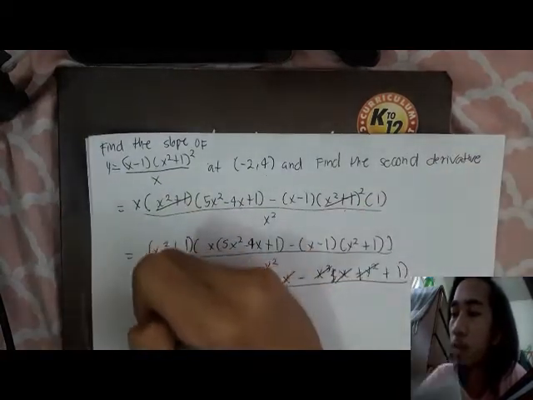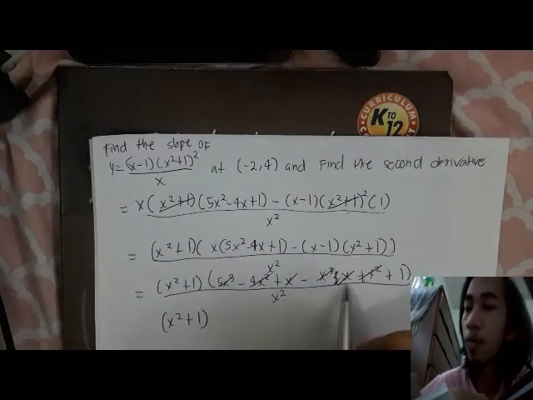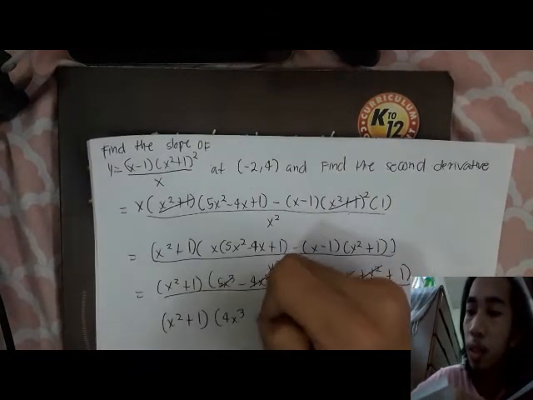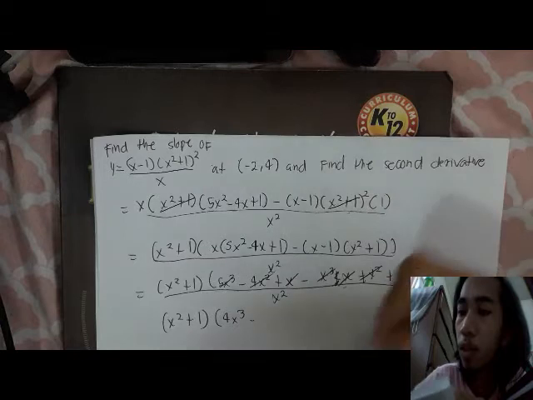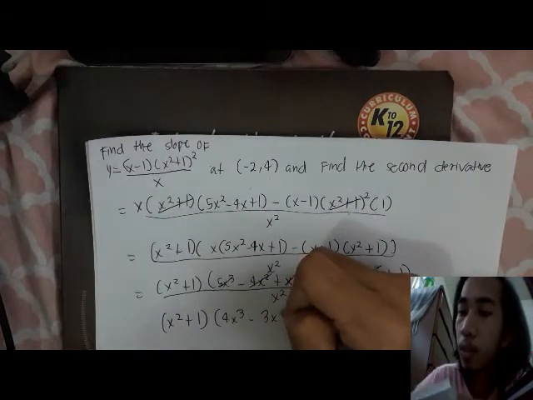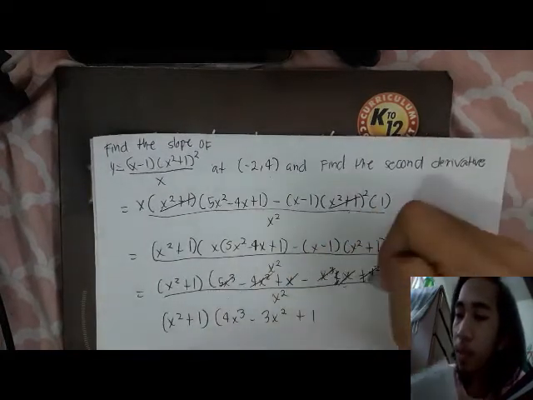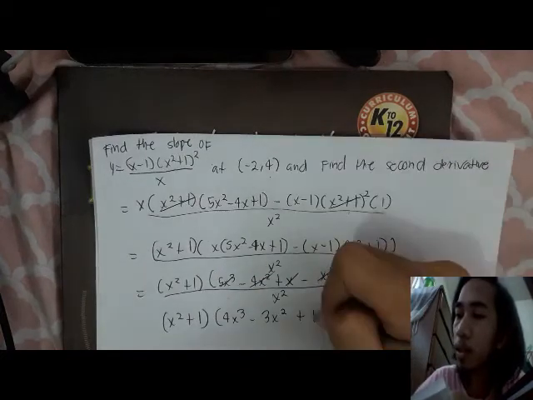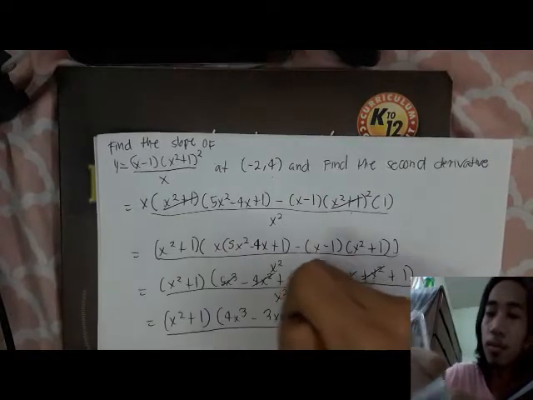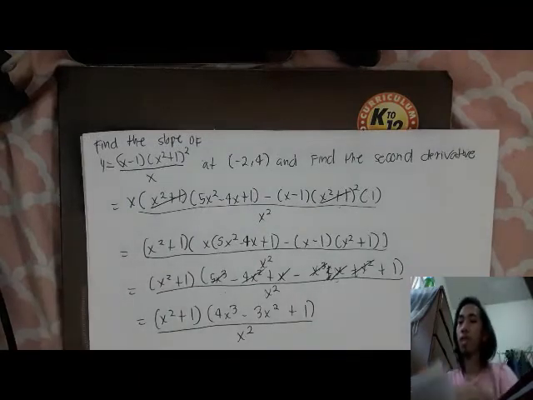So, x squared plus 1 times 4x cubed minus 3x squared plus 1, kasi 0 na itong x. So, negative plus positive. So, ito ang ating first derivative. So, mahanap natin ang slope.